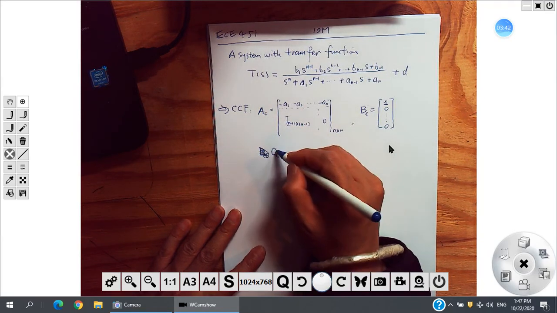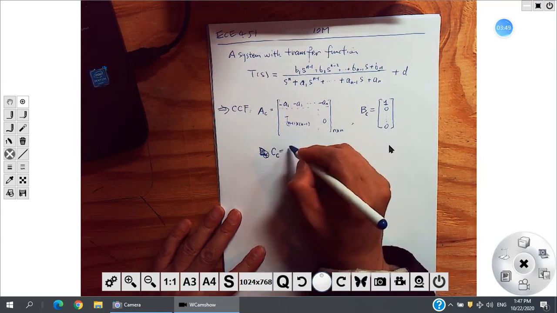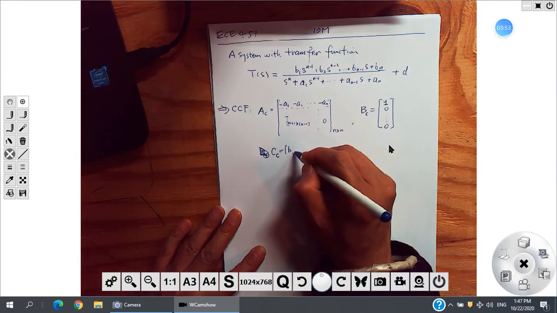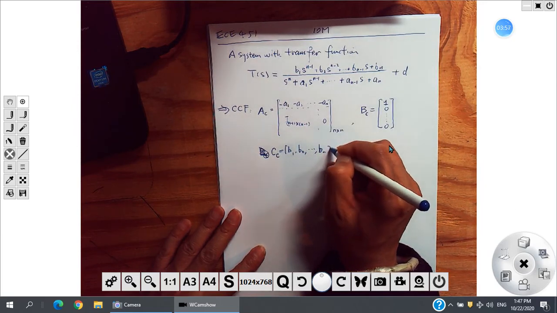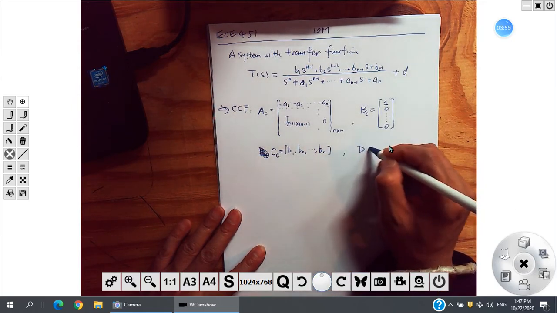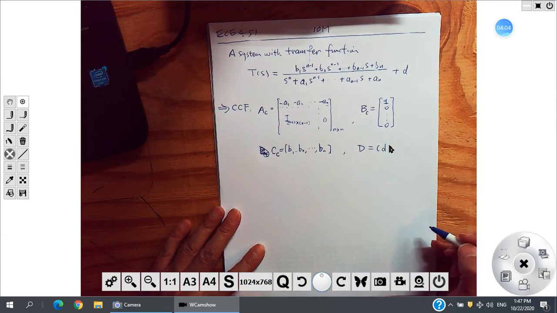Okay, this first C means the matrix C, and this second C means the controllable canonical form. This will be b1, b2 until bn. And the D is just this number d. So we have CCF as this one.